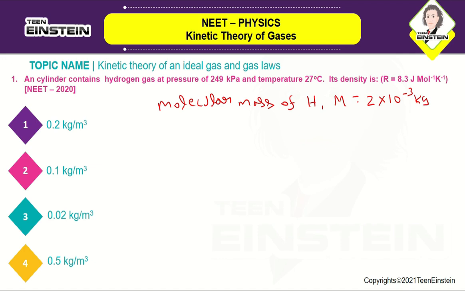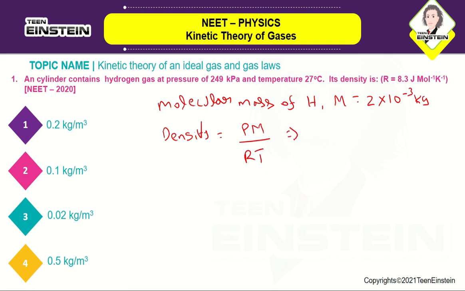and density is given by density is equal to PM by RT.